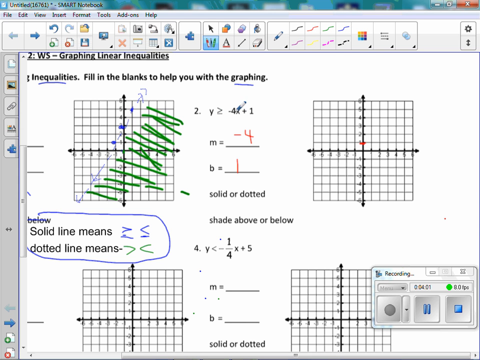We don't reverse the sign like we did before because it's already in y equals. So if we go up 4, 1, 2, 3, 4, and it's a negative slope, we're going down a slide. So we're going to go to the left 1 because when we connect, it's just like you have a slide you're going down. Or you can go down 4, 1, 2, 3, 4, and to the right.